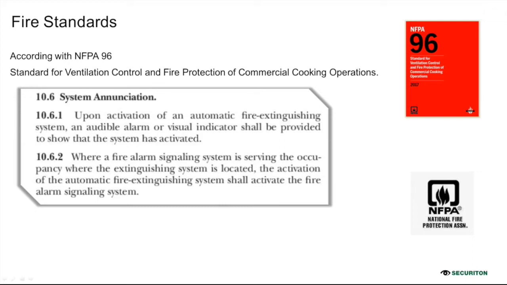And second, the fire alarm signal system serving the occupancy where the extinguisher system is located: the activation of the automatic fire extinguisher system shall activate the fire alarm signal system.